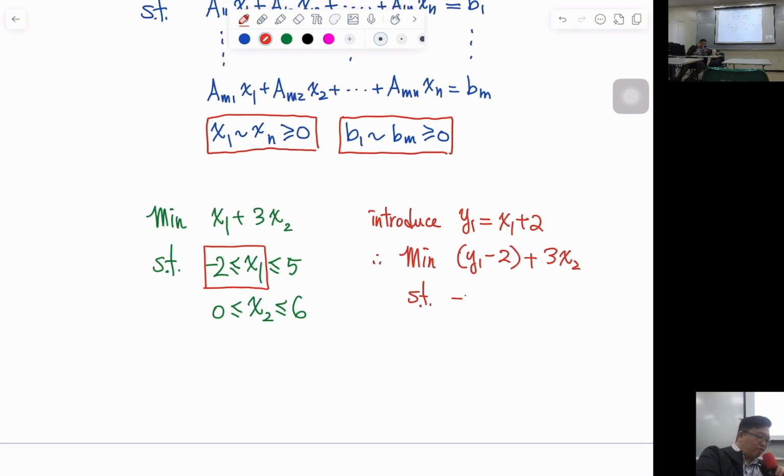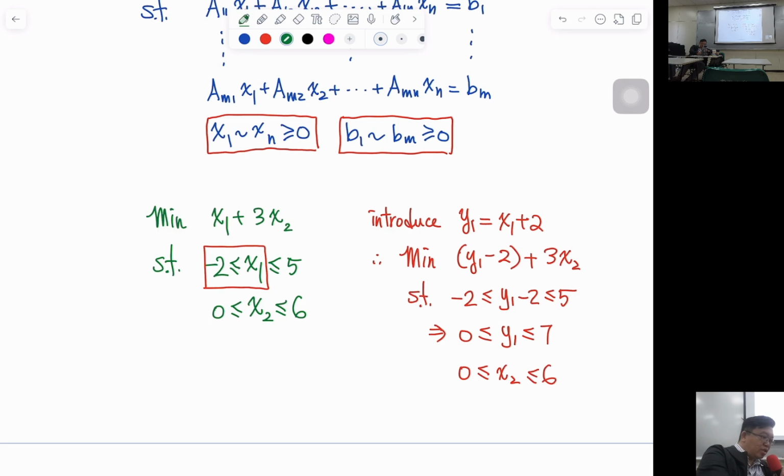So you will have negative 2 smaller than y1 minus 2 smaller than 5, which is actually plus 2 on everything. So 0, y1, 7. And same thing for the x2, right?